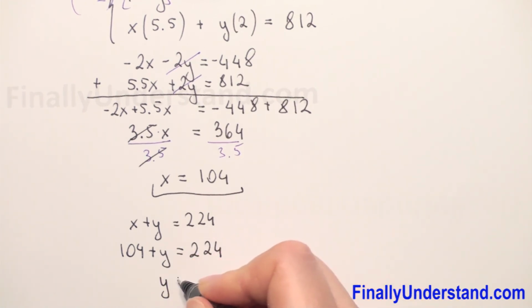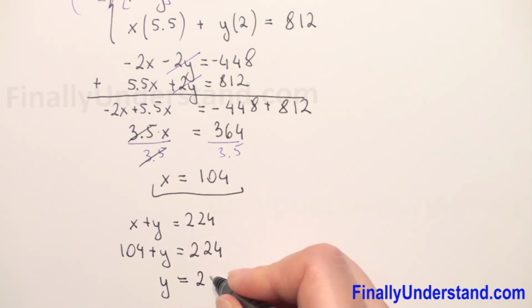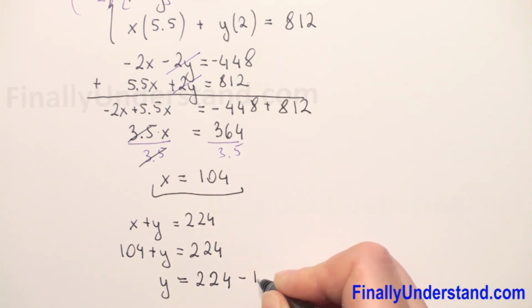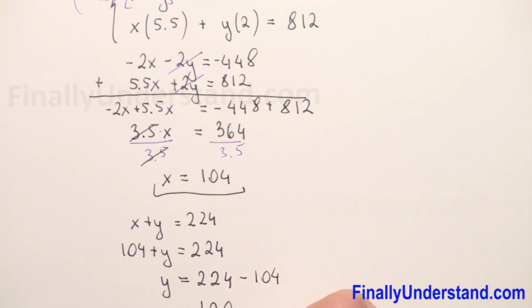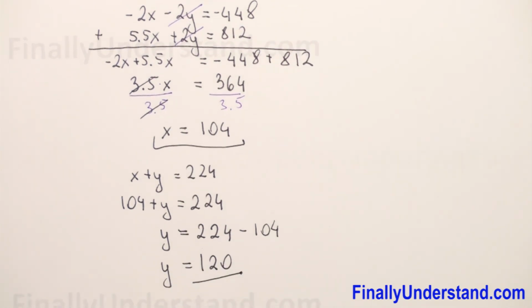I will move 104 to the right side, so we have 224 minus 104. So we have that y is equal 120. This is my solution. We found the number of drinks.